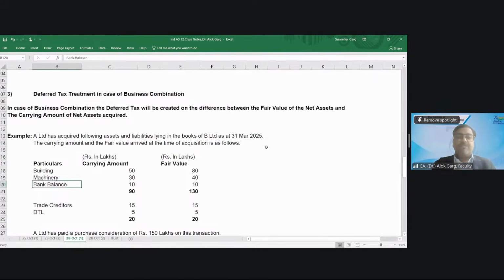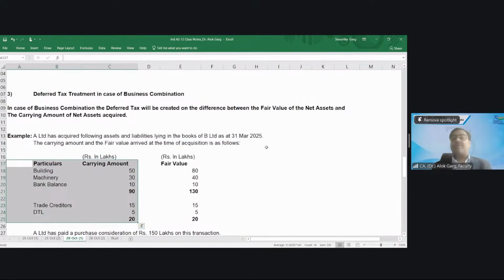Particulars: building, machinery, bank balance, trade creditors, deferred tax liability. There is already a deferred tax liability, since it is the acquiree's balance sheet. This deferred tax liability in the carrying amount represents what?